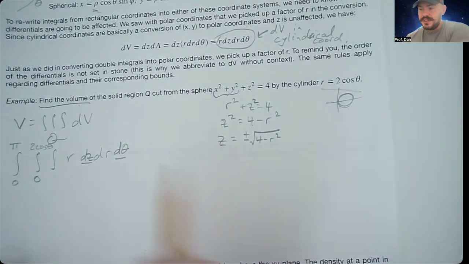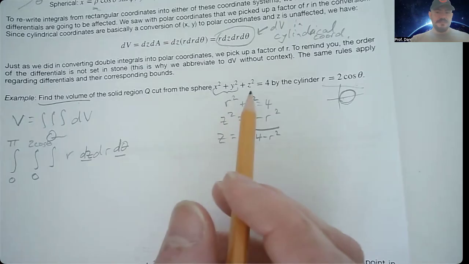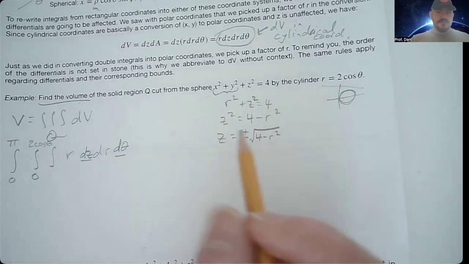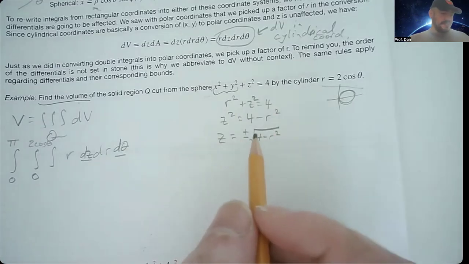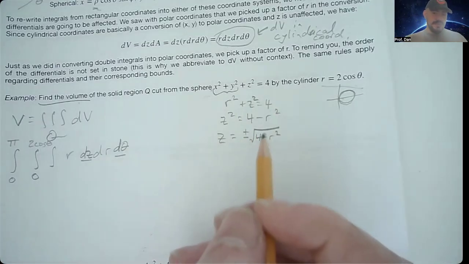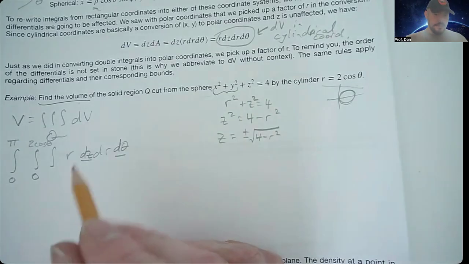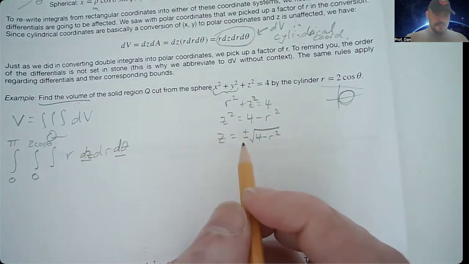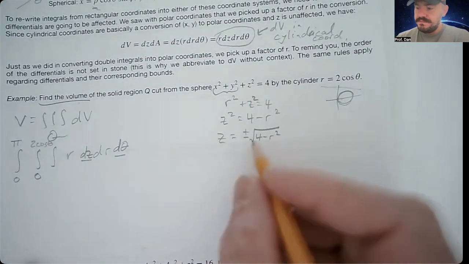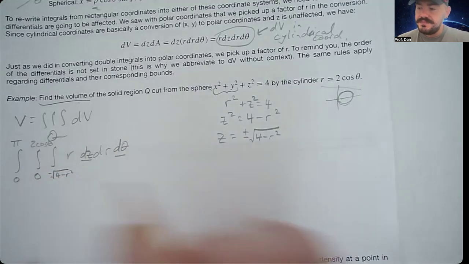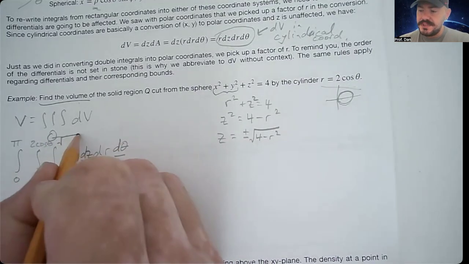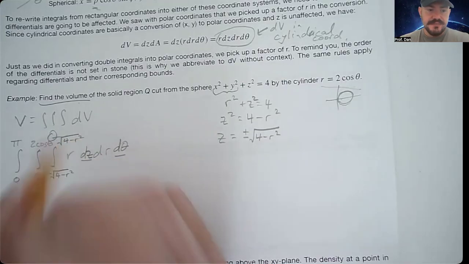Now, if I read the question carefully, it does not limit me to just above the xy plane or just below. So I'm going to use both of these roots when I write out my bounds. So z is going to range from negative square root of 4 minus r squared to positive square root of 4 minus r squared.